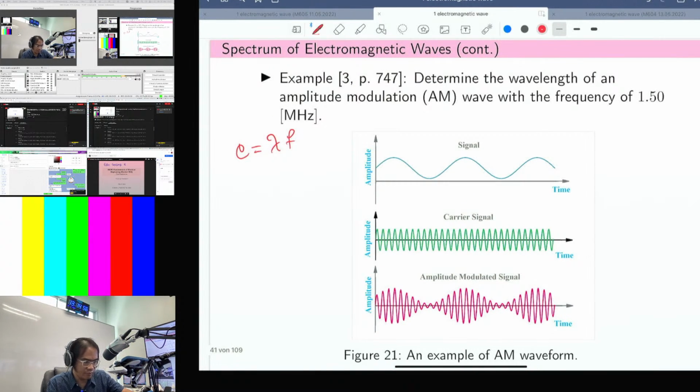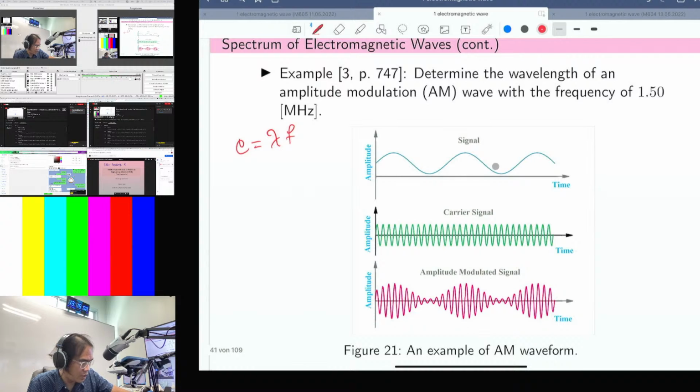Here we consider the radio frequency band. It's AM, amplitude modulation. Let's take a look at the figure first for the frequency of this band.